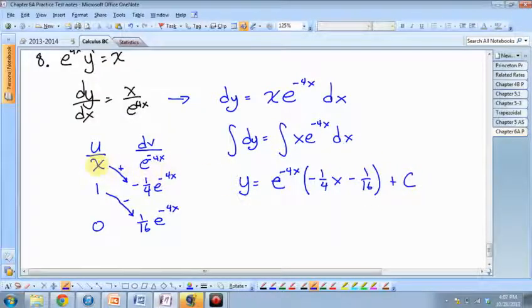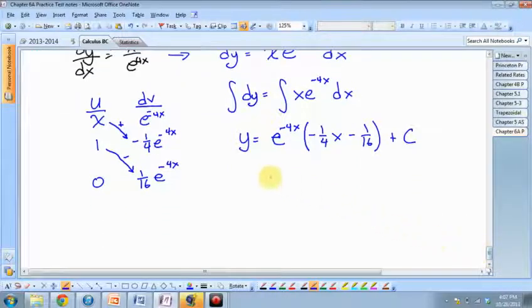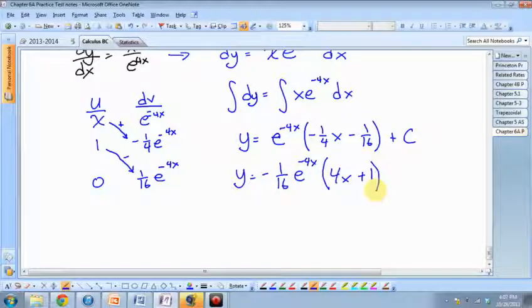Let's make sure I didn't forget anything. We got the x, we got the negative 1/4, we got the 1, we got the 1/16. Yeah, that's everything. Looks like it could factor out a 1/16. In fact, you might as well make it a negative 1/16. That's 4x plus 1, plus constant.